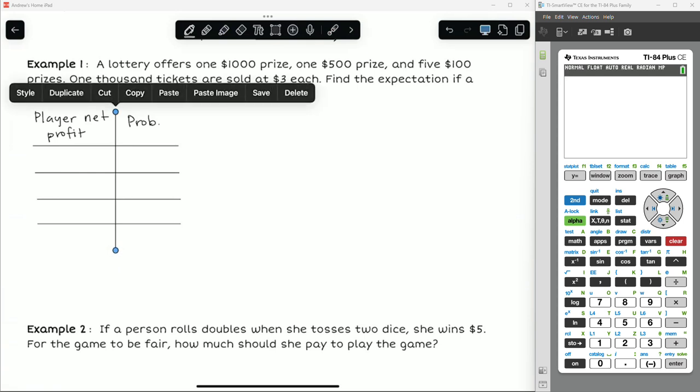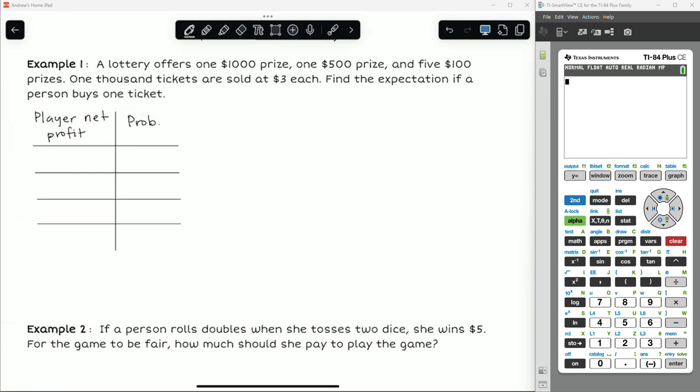And then I need to start thinking. So if I paid $3 for my ticket and I won $1,000, my net profit is that $1,000 minus the $3 I paid. So that's actually going to be $997 that I made. For my $500 prize, I paid $3.